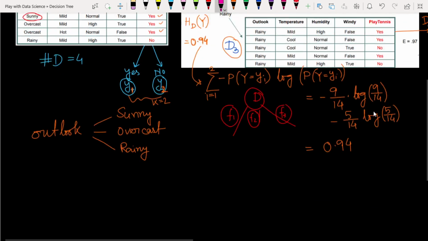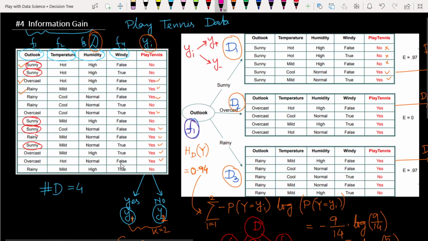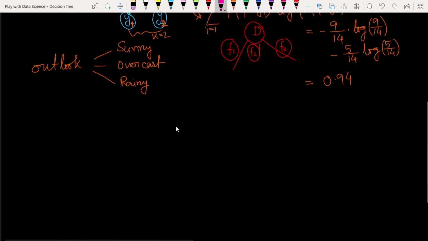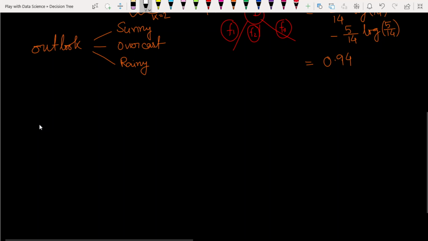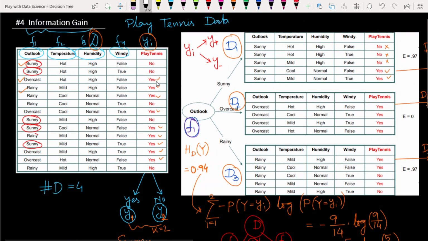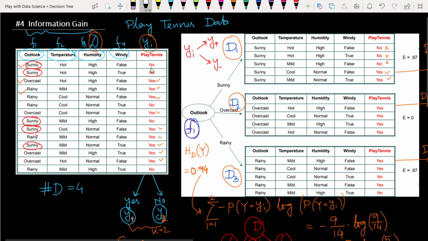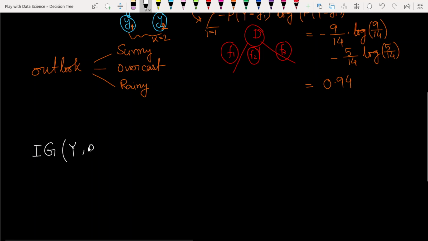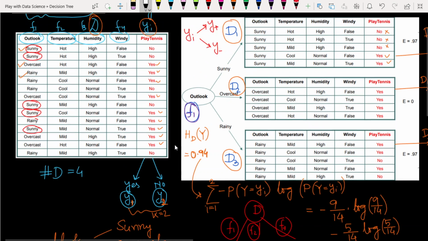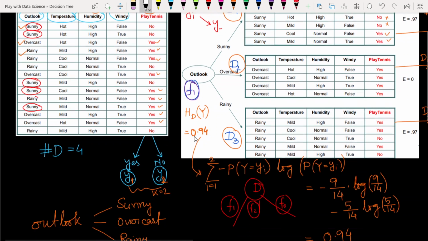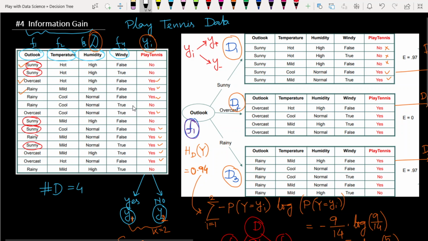Now the information gain. Now the definition of information gain for this particular first feature, that is outlook. The information gain for the variable y with the feature outlook. Actually, this will be the parent data and this is the child data.